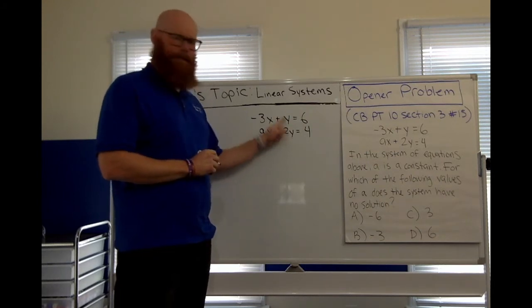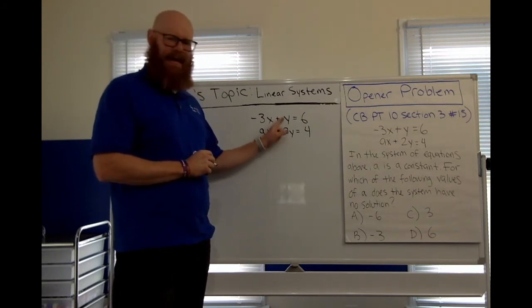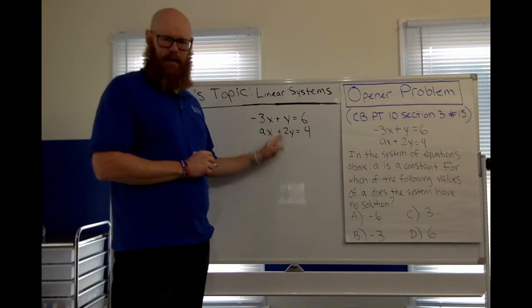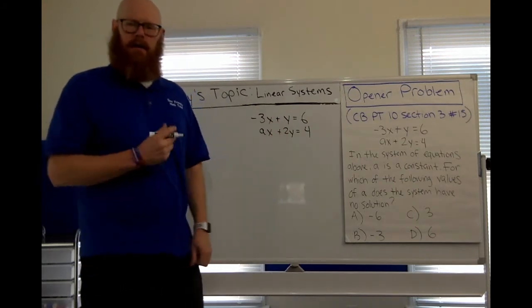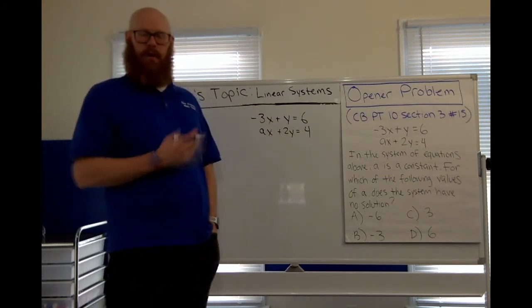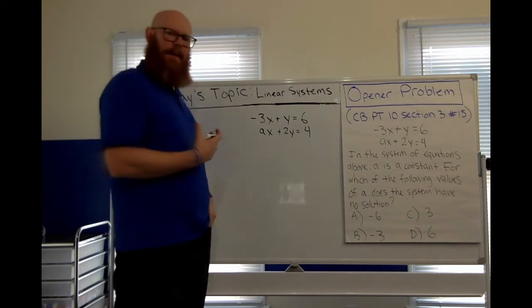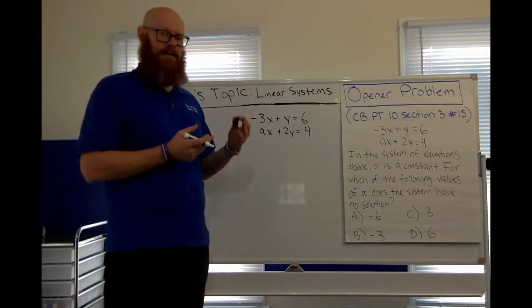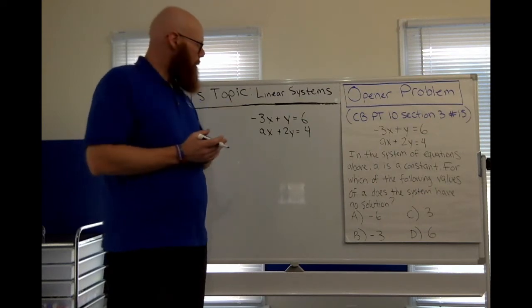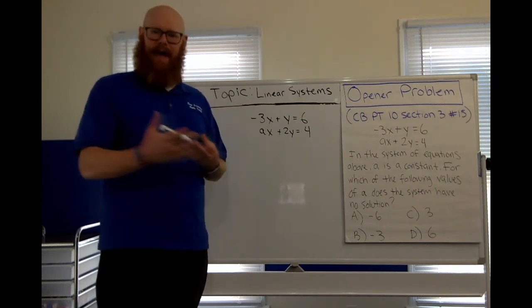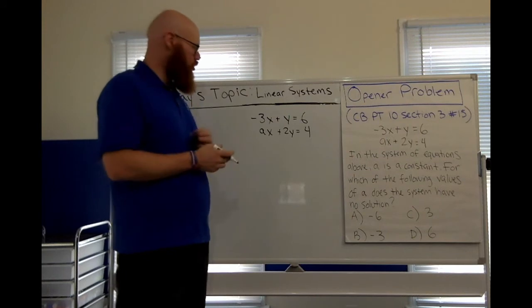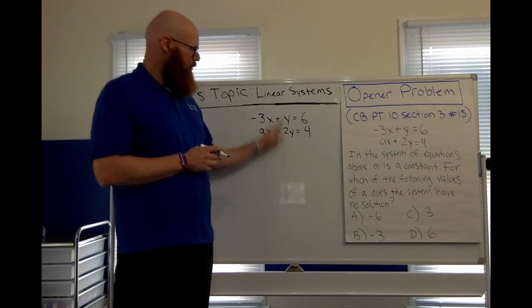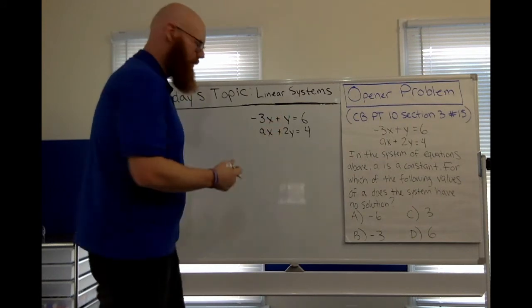So you want to do that for the y. We want these to be exactly the same. In the elimination method, sometimes you may have learned in school that you want them to be opposites. But they can either be the same and you subtract them, or they can be opposites and you add them. But in this case, we're not even going to go that far, so it's much easier to look at it as you want them to be exactly the same. And it'll make sense when I do this now.